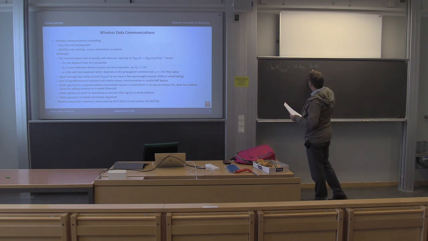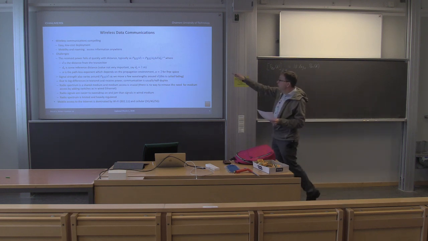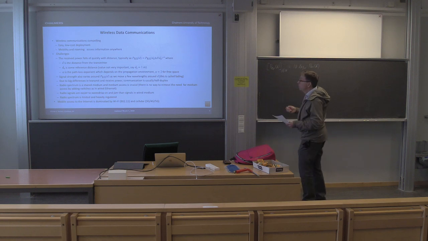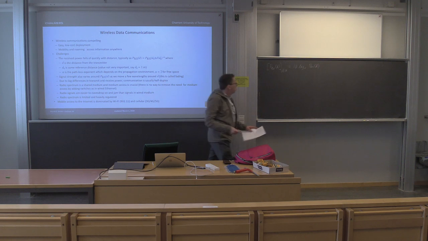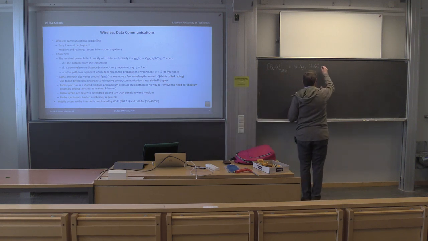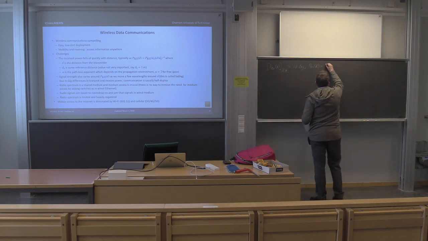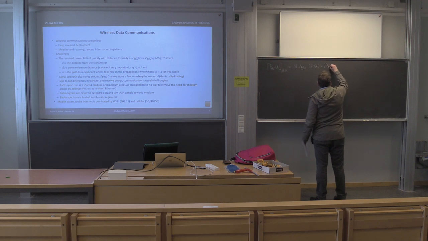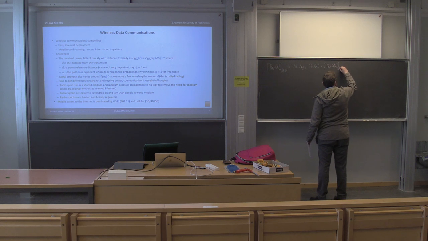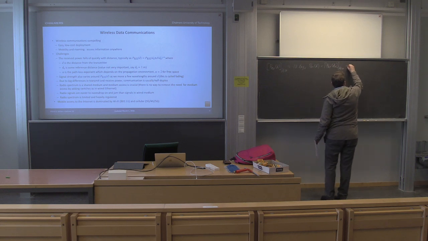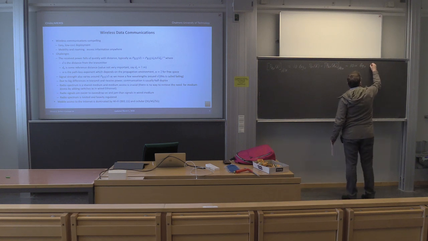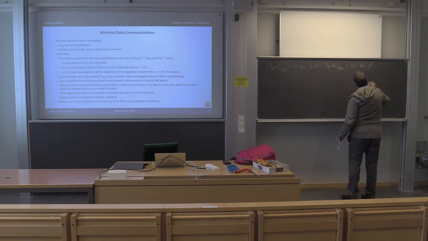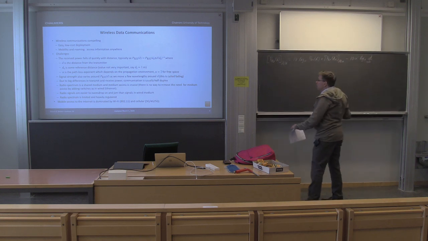But anyways, by just plugging in the expression for the received power here, with some simple manipulations, we can get this to be the received power at the reference distance minus 10 times alpha, the log 10 of D divided by D0, like this.